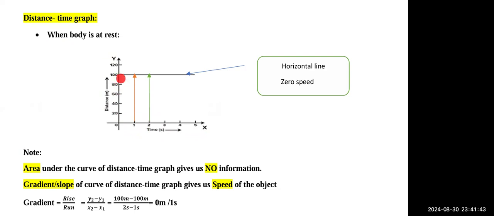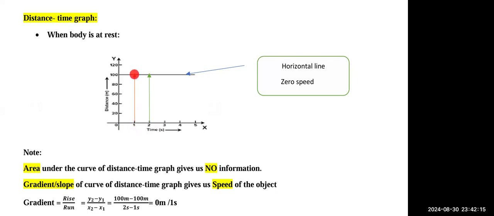The line starts from 0 meter and moves in a horizontal path, and this line is parallel to the x-axis. Remember how we can say that this is the graph of an object that is at rest. You have to check the method: when time is 1 second, then you have to move upward.